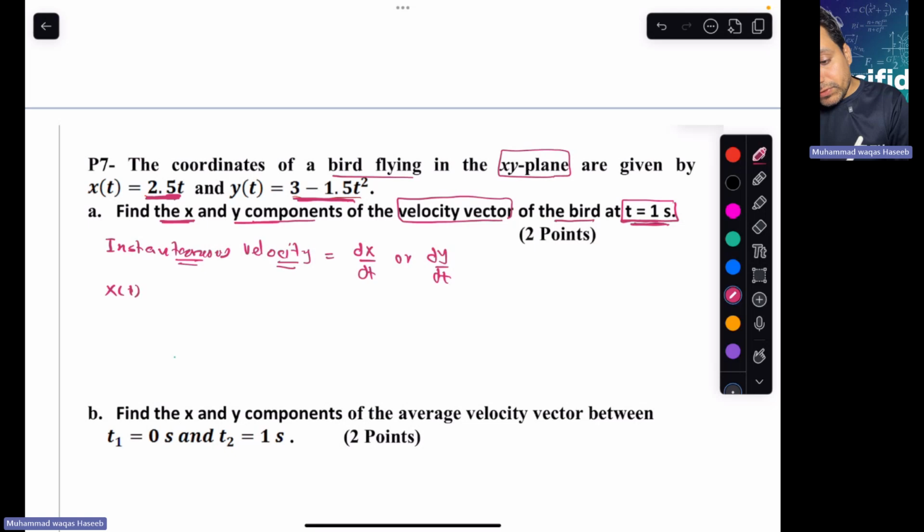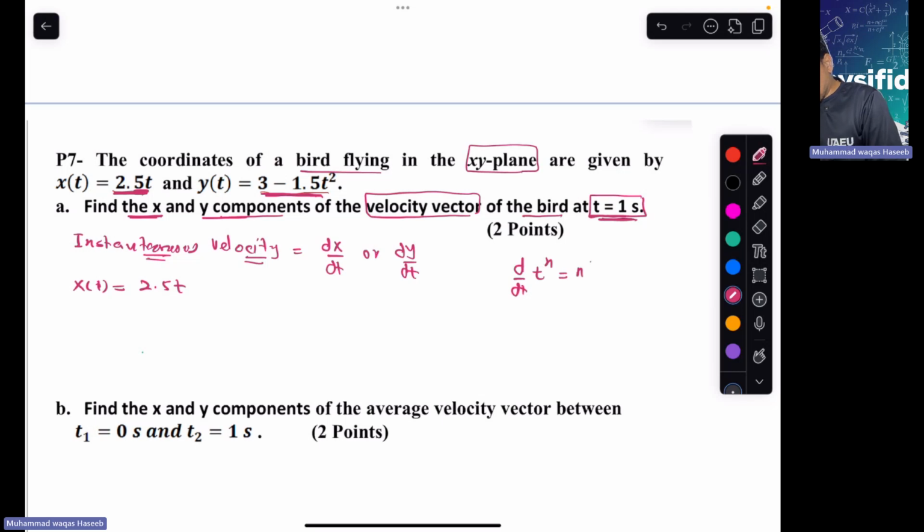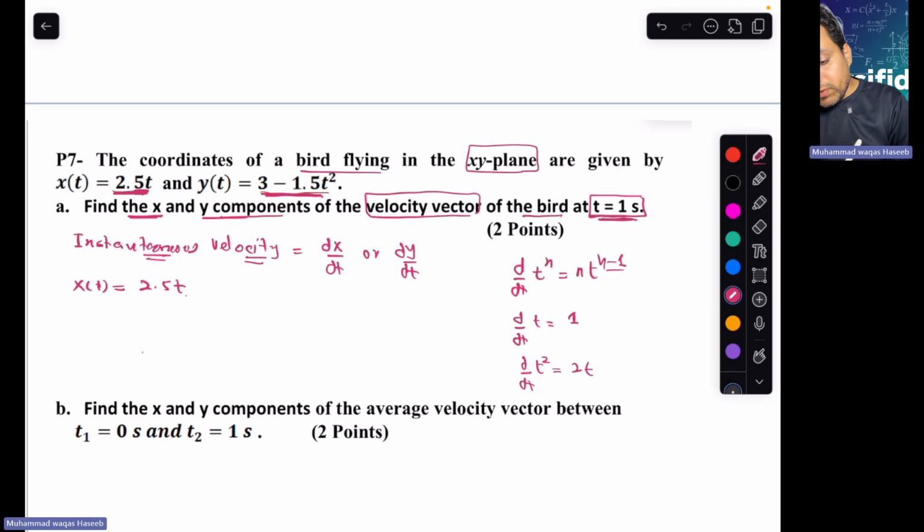We apply the power rule: d/dt of t to the power n, we take the power in front and reduce the power to n minus 1. The derivative of t with respect to t is 1, and the derivative of t squared is 2t.